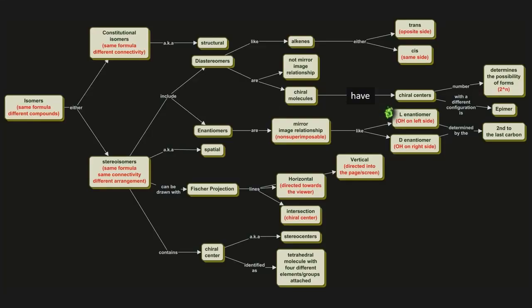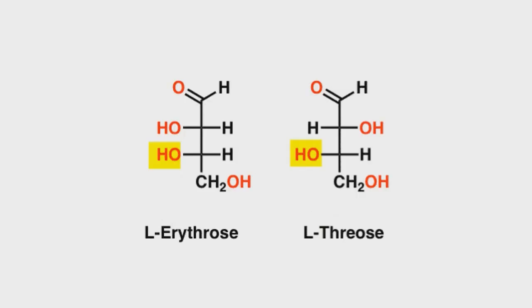And so this is the L enantiomer. In the L enantiomer, such as this one, the OH is towards the left, and in L erythrose the OH is also towards the left.